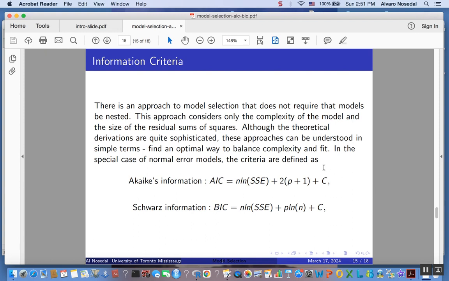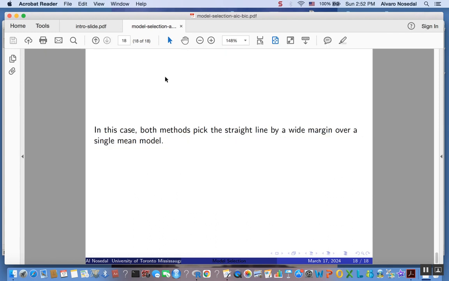So let's summarize what we have here. As we said, both criteria are suggesting that it is a good idea to use the more complicated model instead of the simple model.